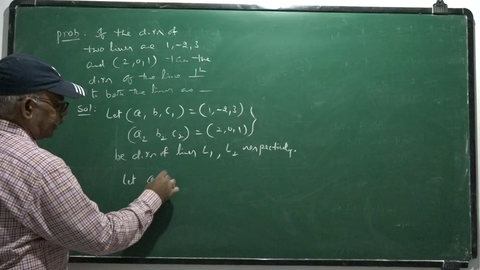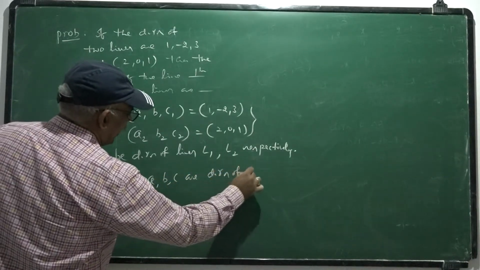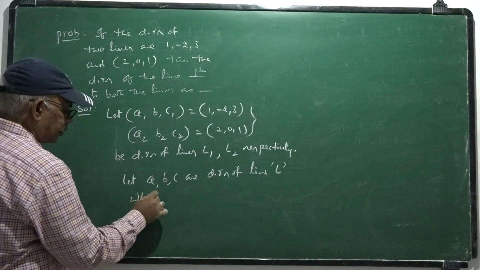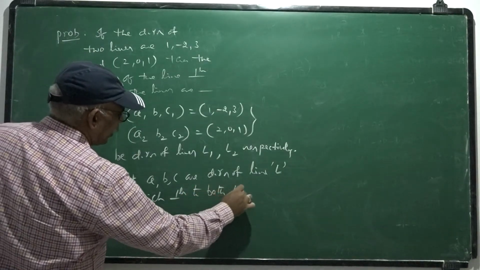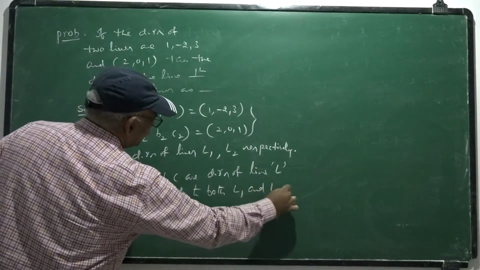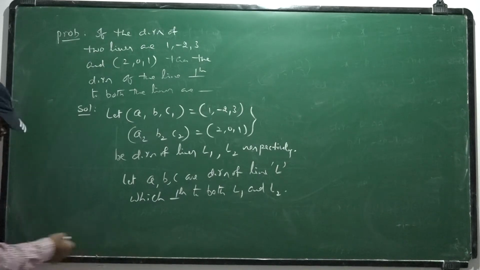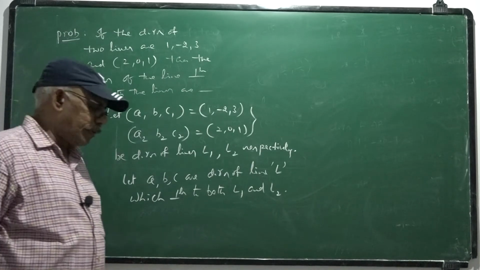So let A, B, C be DRs of line L, which is perpendicular to both L1 and L2. L stands for the line which is perpendicular to L1 as well as L2. Suppose this edge is L1, this edge is L2, the L is like this in the perpendicular direction of both L1 and L2.